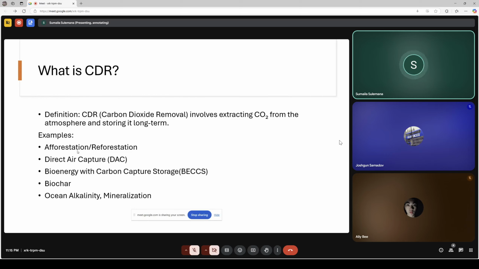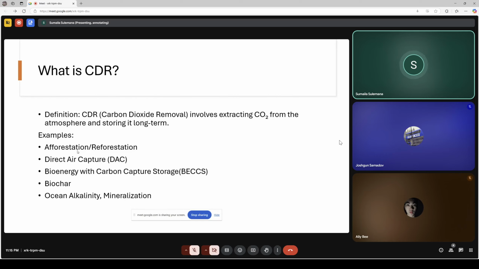The idea behind biochar is that since some plants or some organic matter may contain CO2, when we burn them under this high temperature, which I did mention is pyrolysis, with or without oxygen, we turn them into biochar, and through that process we store them in soils for soil remediation purposes.